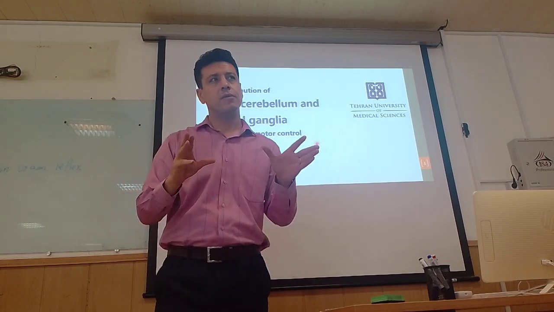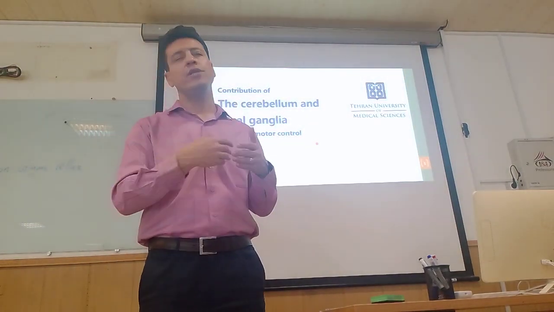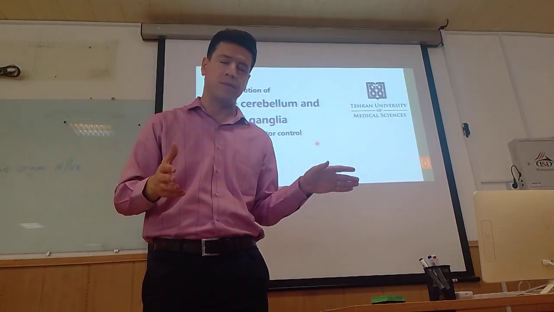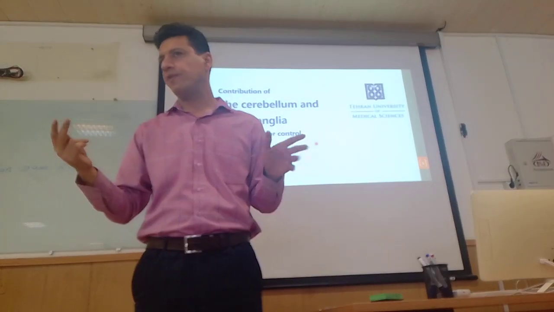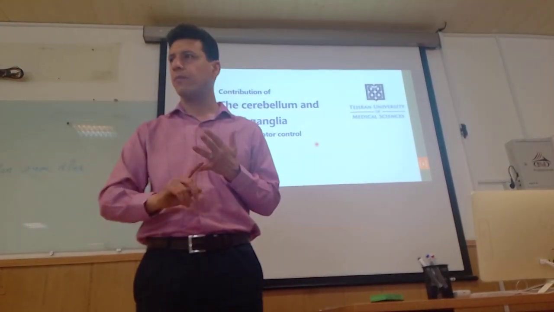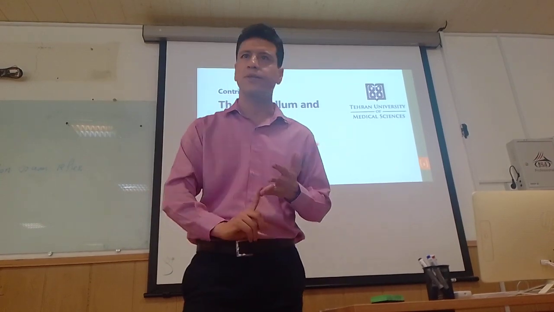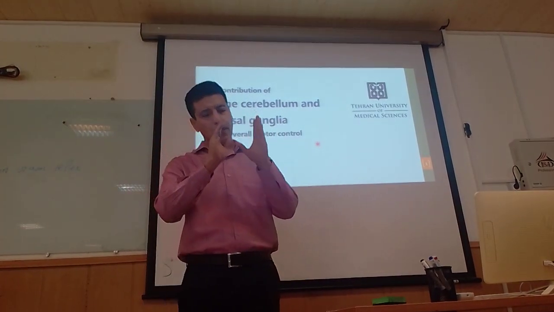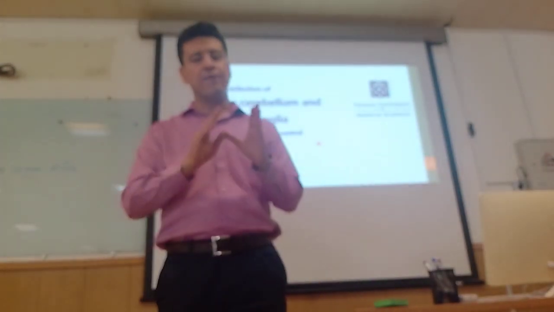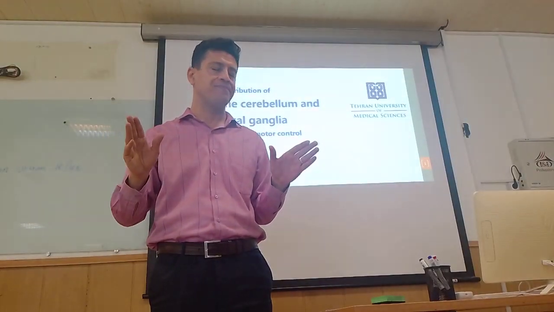So we have seen that in the brainstem we have the reticular formation involved in movement. We have two different areas, the pontine reticular formation and the medullary reticular formation. They were involved in postural movements.